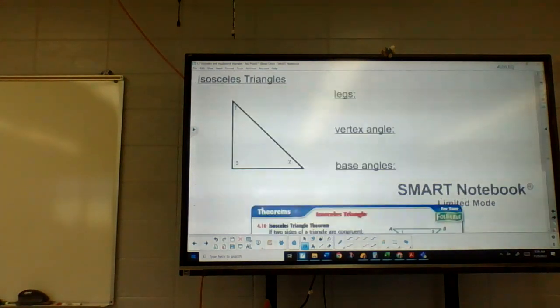So in our isosceles, we're going to start with isosceles here. We have legs, we have a vertex angle, and base angles that we're going to discuss here. And the legs are the two sides that are equal. So the equal sides are our legs.